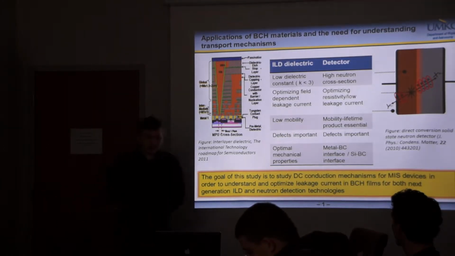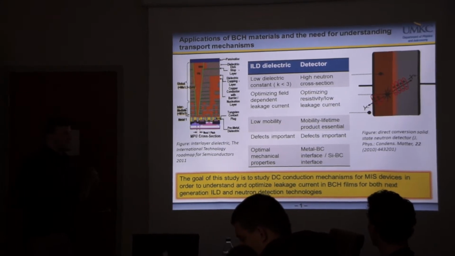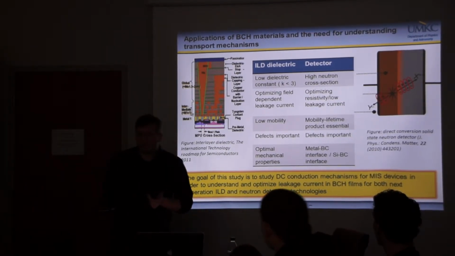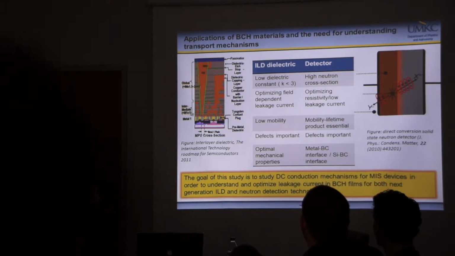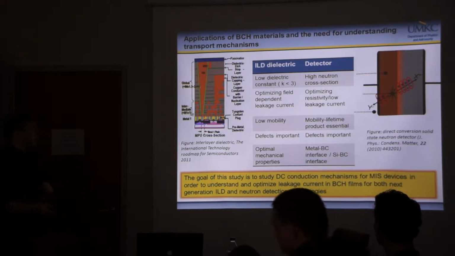This talk is about leakage current mechanisms in amorphous hydrogenated boron carbide, with reference to DC conducting mechanisms. The question is, why are we doing this? Why is it important? We have two primary applications in which we're working with this: the interlayer dielectric and direct conversion neutron detectors.